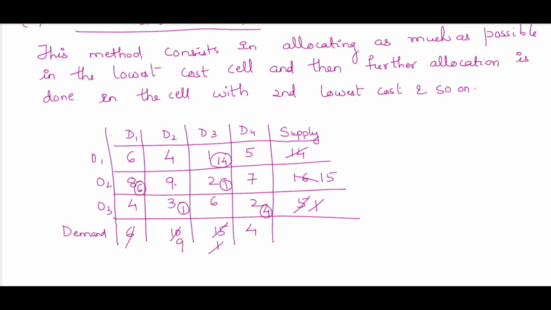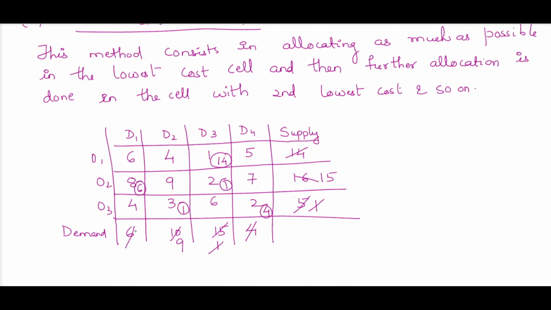Next we had 7 also, but this 4 has already been exhausted, so I cannot allocate to 7. 7 was also the smallest one, but as it has no demand in this column, we only had demand in D1 and D2. That's why we have to choose between 8 and 9.